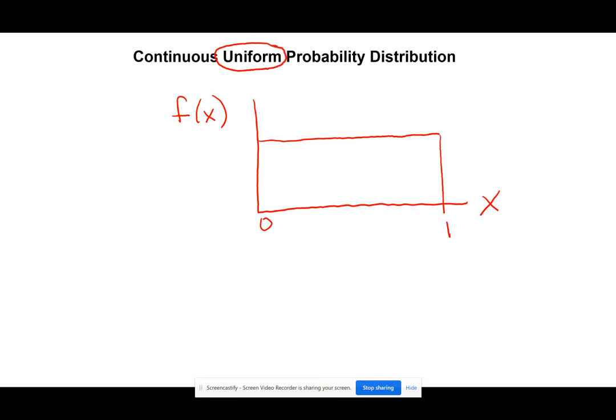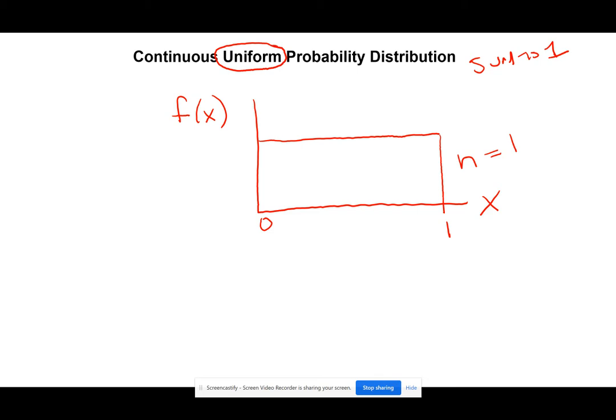And if we think about probability, we know that the distribution has to sum to one. So we know the area under this is one. And so our height here to make this one is going to have to be equal to one. And we'll look at a formula for that in a minute. And we know every value in there is equally likely.